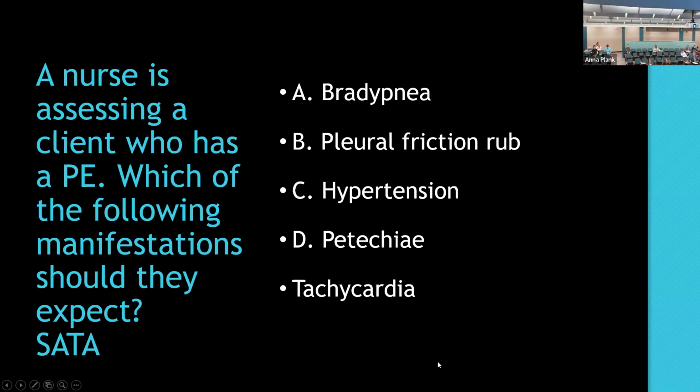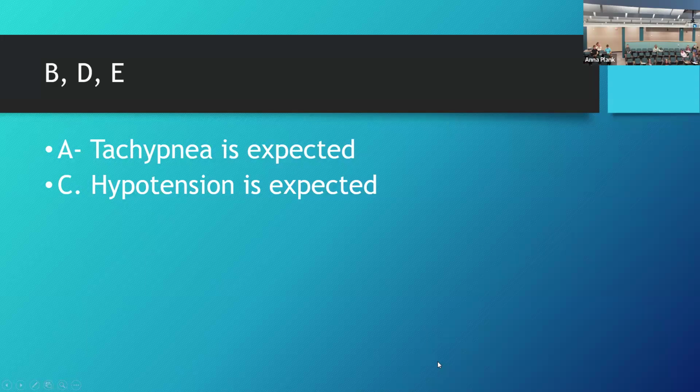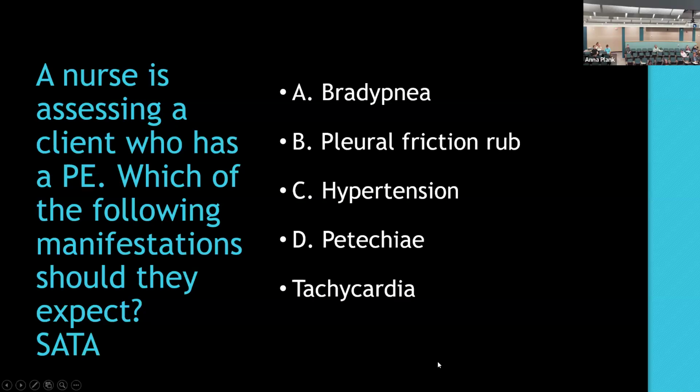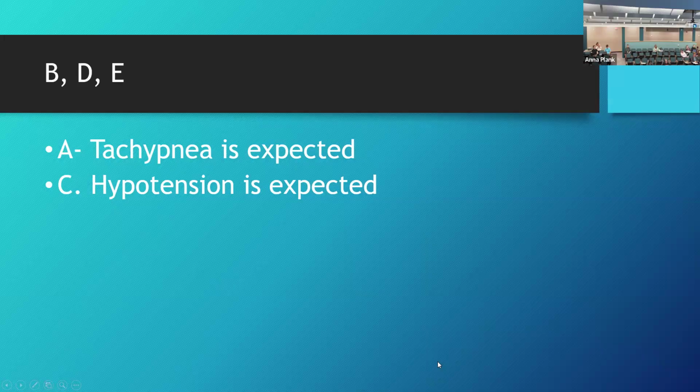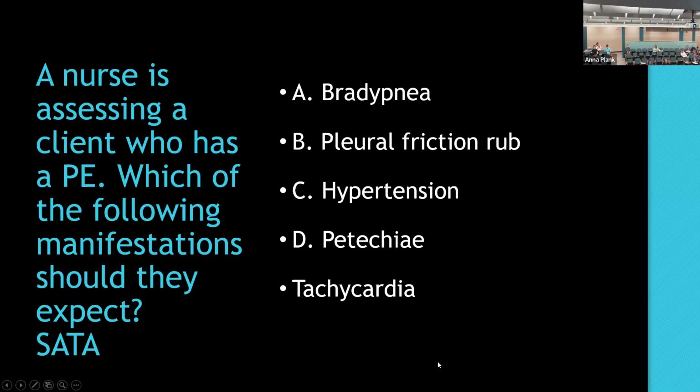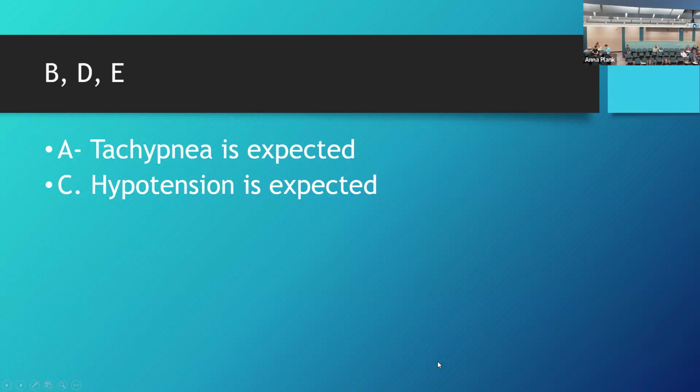Yeah, we do, because all the blood is backing up, so it's not getting to the heart, it's not being pumped out. And tachycardia. So B, D, petechiae, with what particular type of PE? Valvular, right? And tachycardia. So slow breathing is not expected, and high blood pressure is not expected, low blood pressure is.